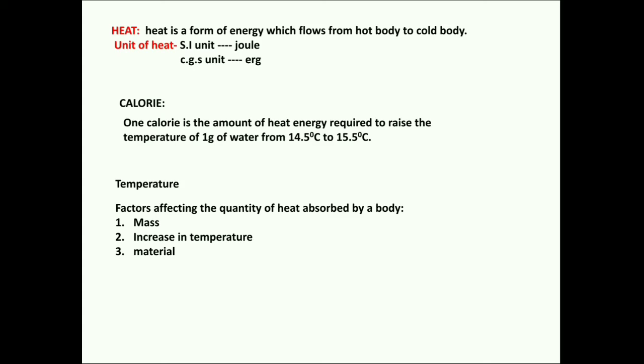For example, steel, to go from 2 degrees Celsius to 3 degrees Celsius, it may absorb a different quantity of heat, whereas aluminium, to go from 2 degrees Celsius to 3 degrees Celsius, it may absorb a different amount of heat. So there are 3 factors upon which quantity of heat absorbed by a body depends: mass, increase in temperature, and the material. Okay, so these all are the basics which we have already studied, so I'm not going in detail.